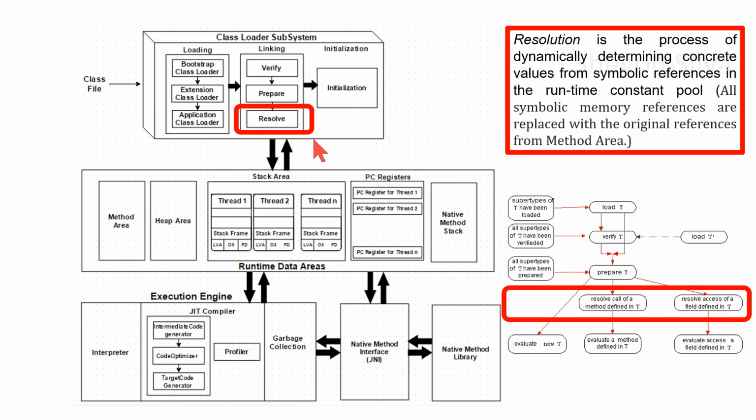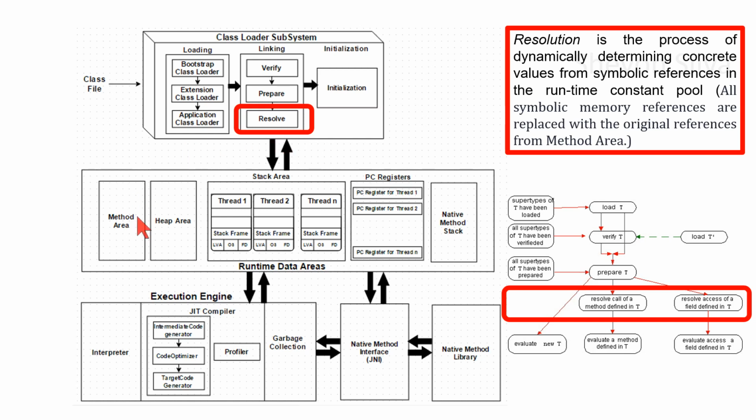After prepare, we move to resolution. Linking is moving to resolution. Resolution is the process of dynamically determining concrete values from symbolic references in the runtime constant pool. All symbolic memory references are replaced with the original references from the method area.